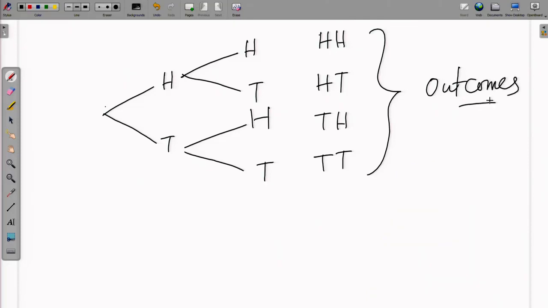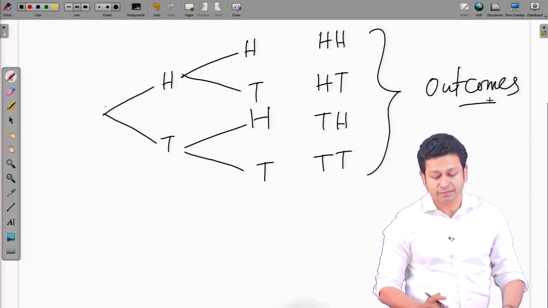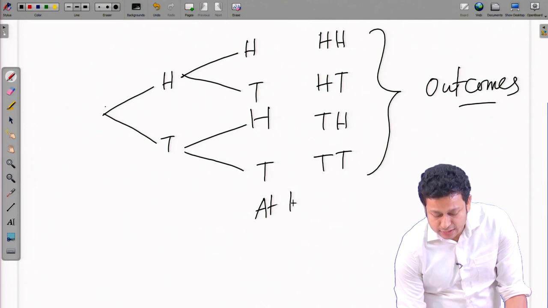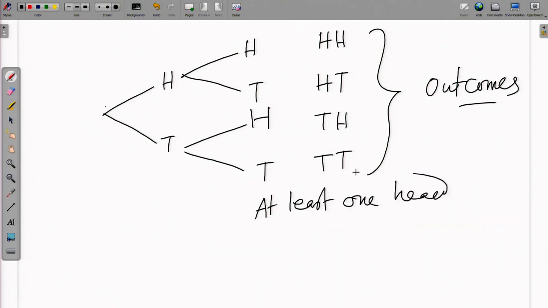Whereas event is something with which you can define any phenomenon in that random experiment. For example, if I define the event as at least one head, so this is my event, at least one head.